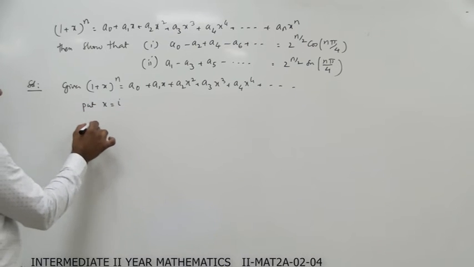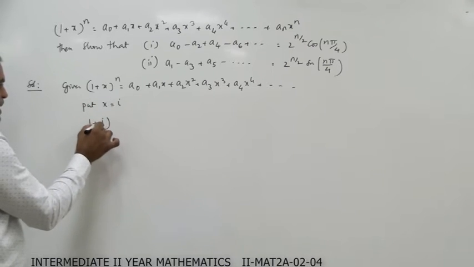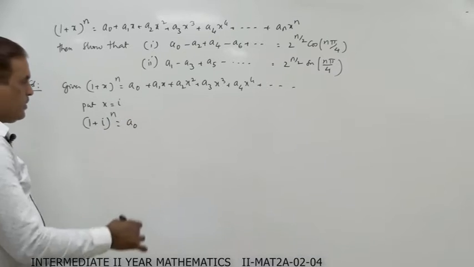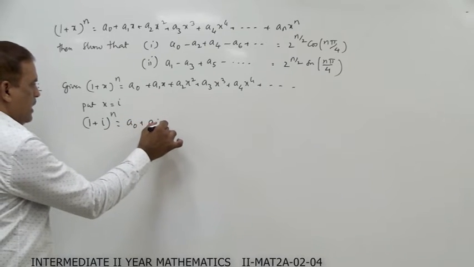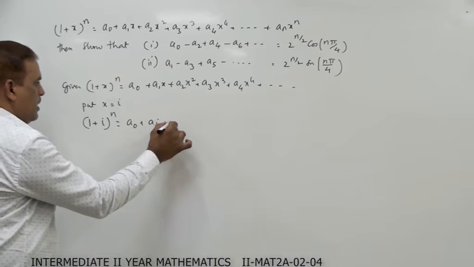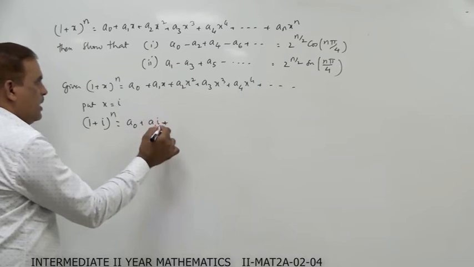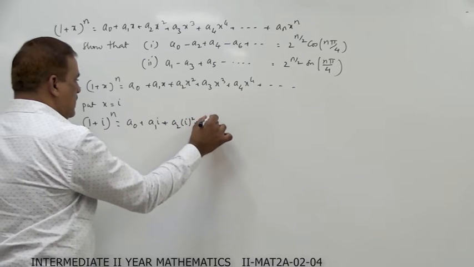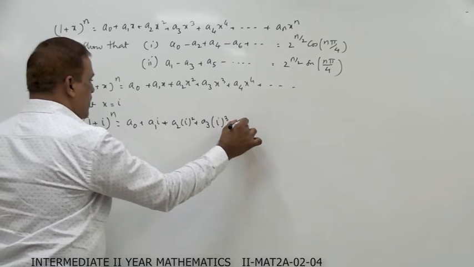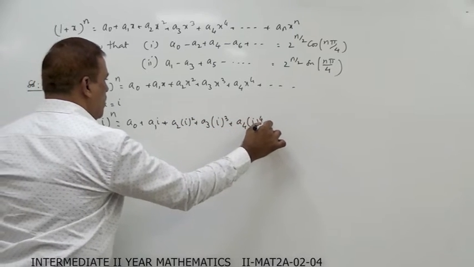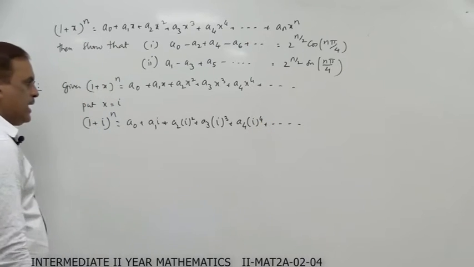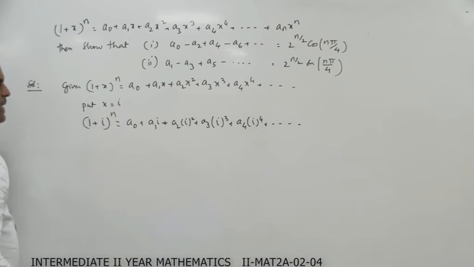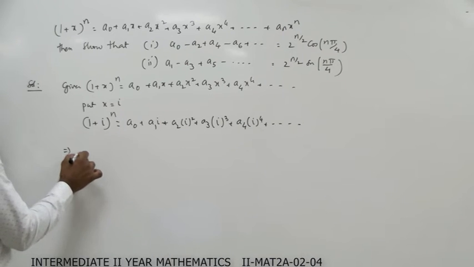When you put x is equal to i, LHS will become (1 plus i) whole power n. RHS is now a naught plus a1i plus a2 into i square plus a3 into i cube plus a4 into i power 4 plus and so on. This is RHS. So let's write that this side and let's write (1 plus i) whole power n to the other side. Let's interchange the places.